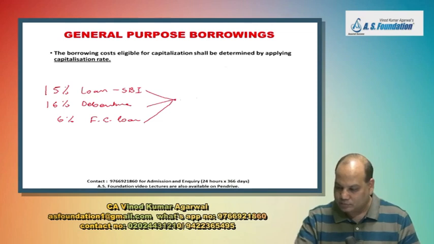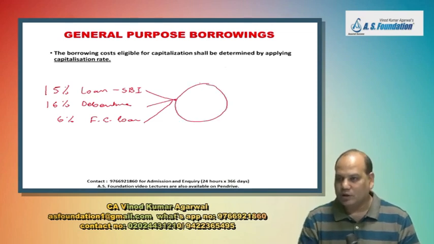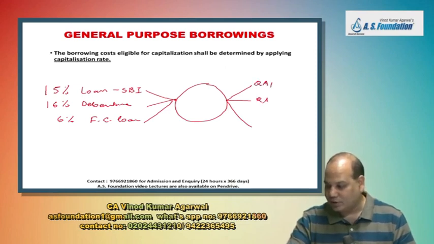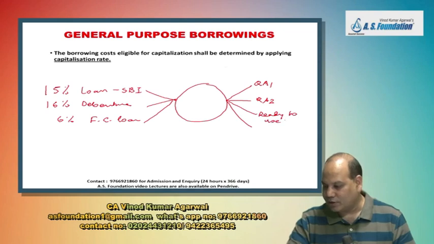All this money will come to your bank account from different sources, and then out of this you incur expenditure. Some may be on a qualifying asset 1, qualifying asset 2. Some may be on a ready to use asset, not a qualifying asset, but an asset ready to use.